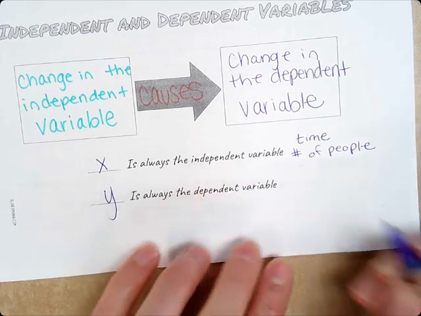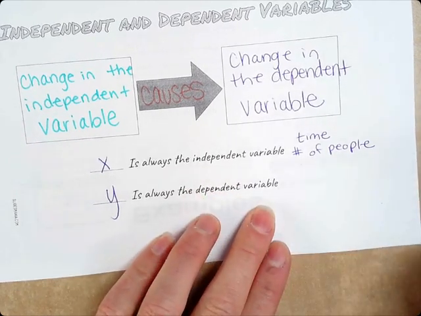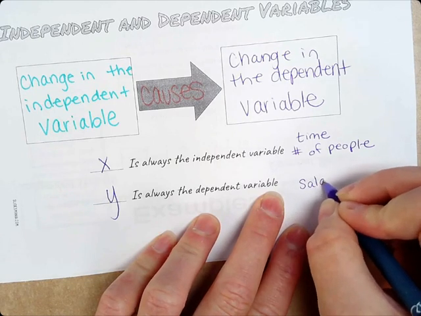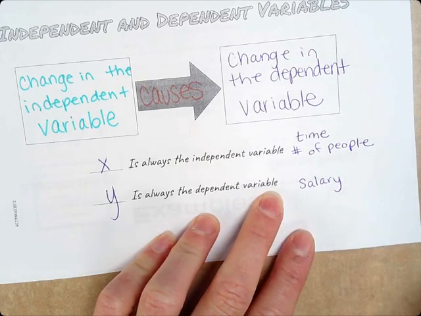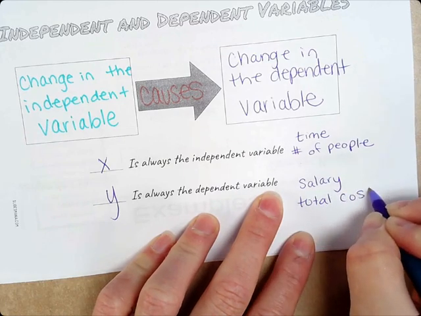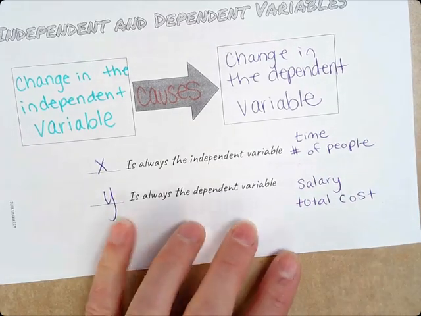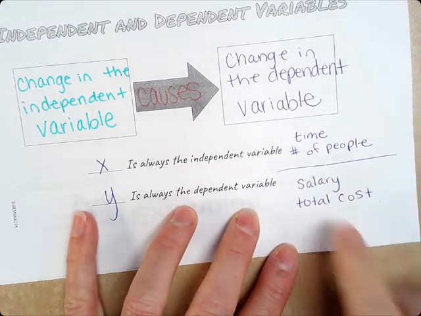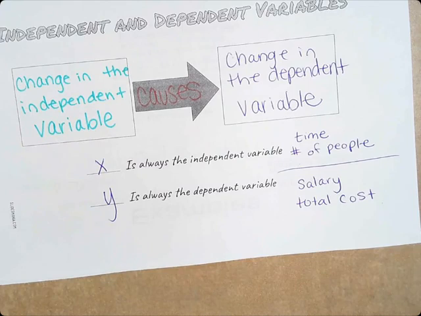Those are two examples. Two examples of dependent would be salary and total cost. So this is independent and this would be dependent examples.